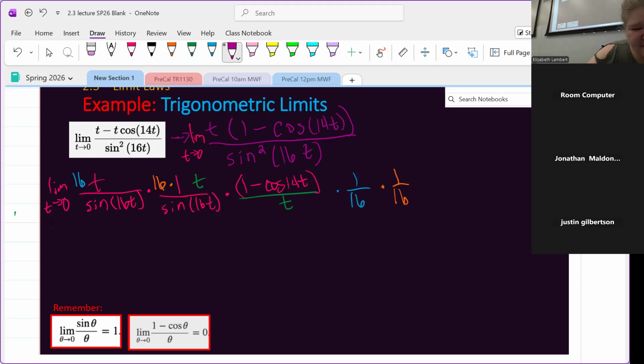Now our cosine limit, 1 minus cosine ugly over ugly. My ugly was 14t, so I need to see a 14 on the bottom of this guy, which means I have to balance that by multiplying by 14 on top.